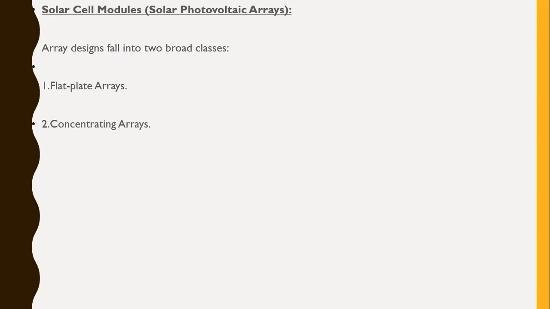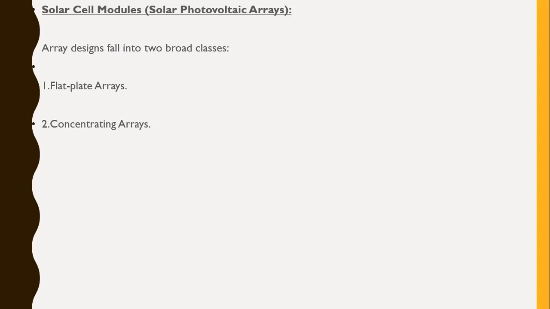So these fixed arrays are mechanically simpler than tracking arrays. In tracking arrays, we have the complexity of moving the array along the sun's direction. In a fixed array, it is only kept in the east-west direction and tilted to an angle of the latitude.